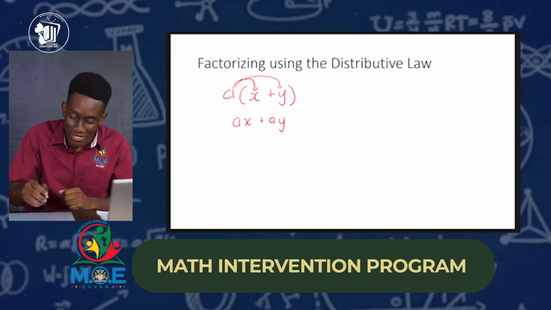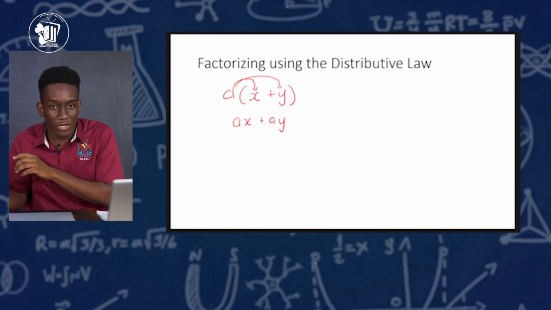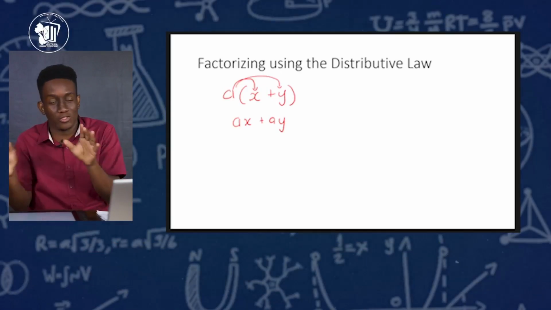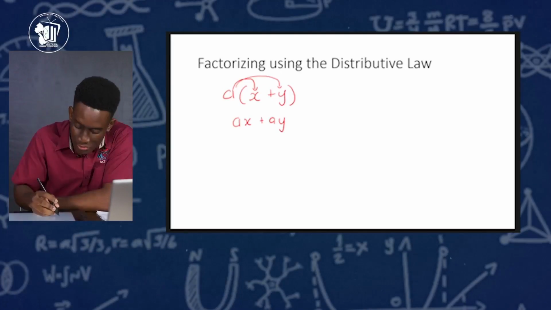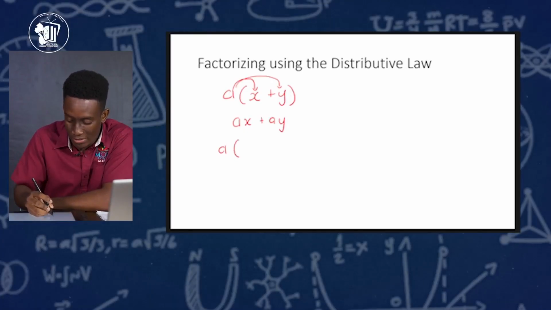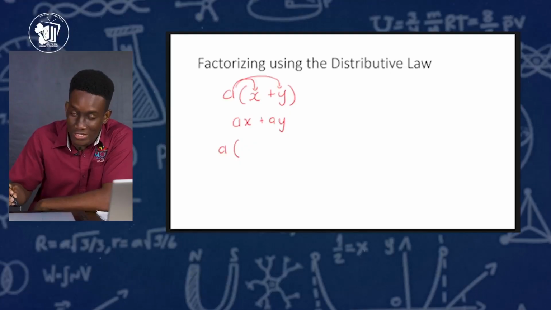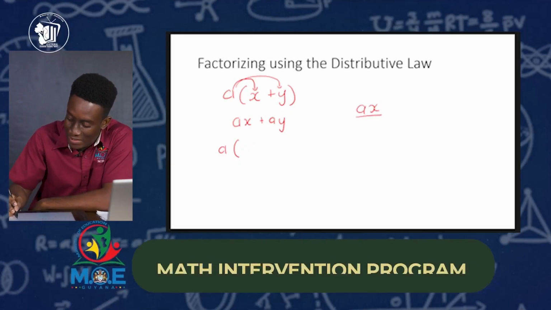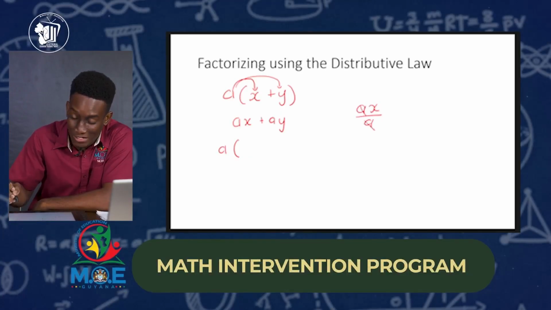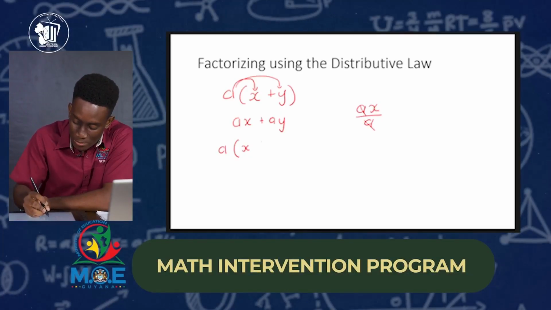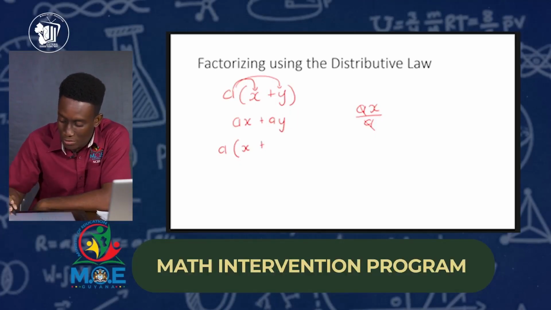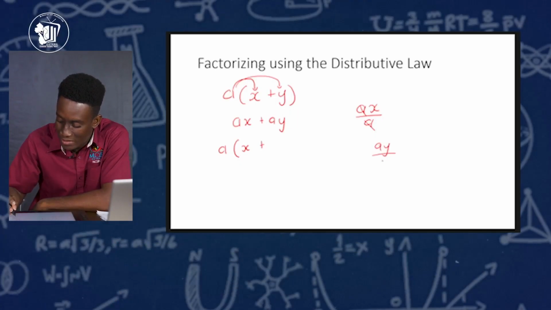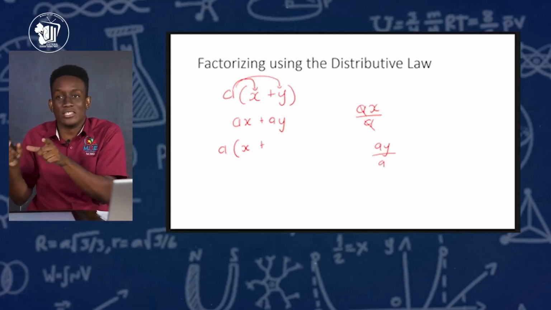So we'll have A, open bracket, AX divided by A, because when you're factorizing, you're actually dividing.